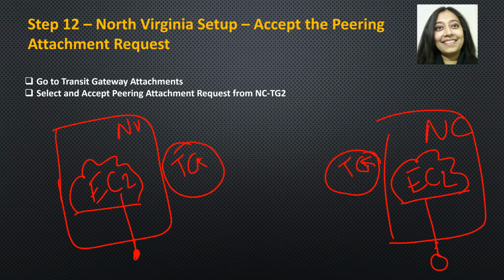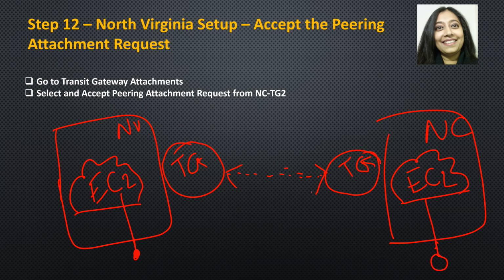And now these two transit gateways are basically peered or connected. That means these two transit gateways can now talk with each other.